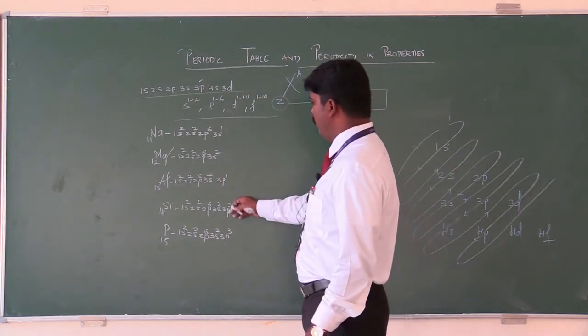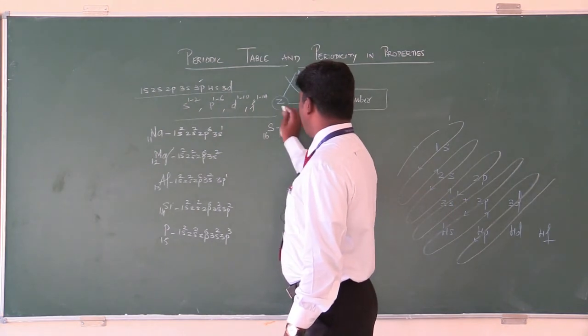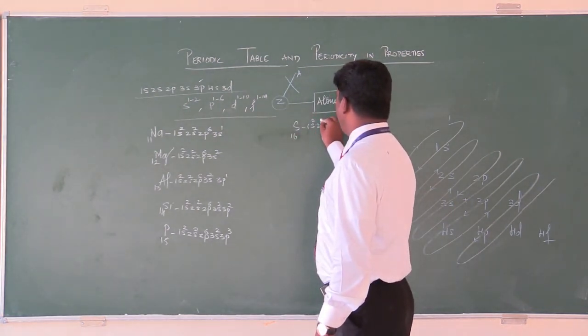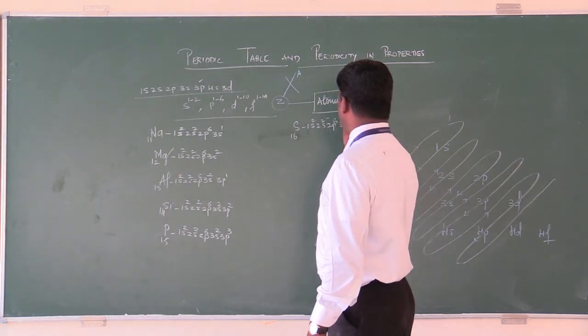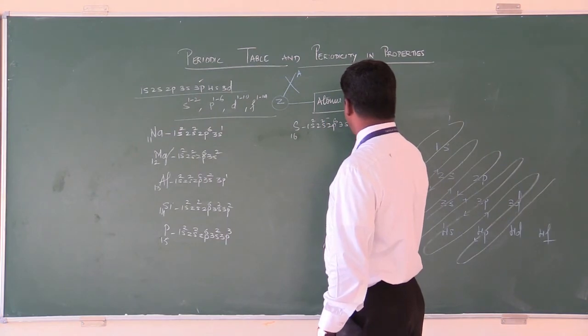Now, after phosphorus comes sulfur, atomic number 16. So we write 1s2, 2s2, 2p6, 3s2 and 3p4.